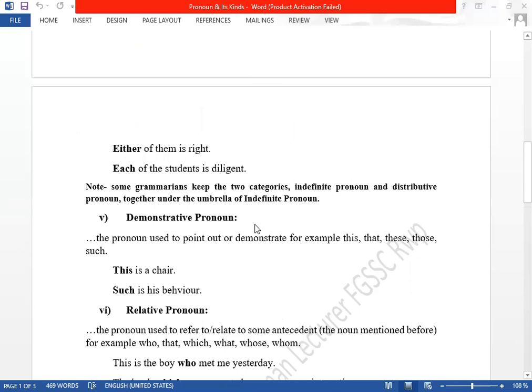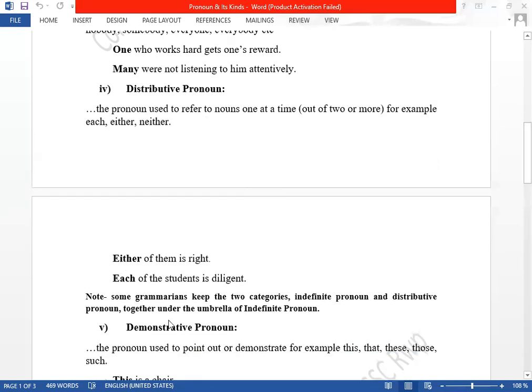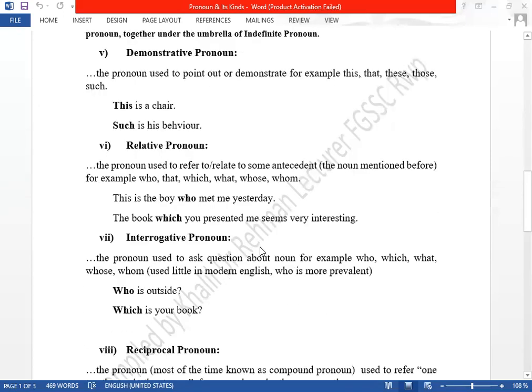Exactly. When I say, many were not listening to him attentively, that is an indefinite pronoun. But if I say, many boys were not listening to him attentively, then it will turn into an indefinite adjective, not an indefinite pronoun. Or if I say, many of the boys, then it will be an indefinite pronoun. But if a word we consider a pronoun is used exactly before a noun, then it will turn into an indefinite adjective, distributive adjective, demonstrative adjective, or interrogative adjective.